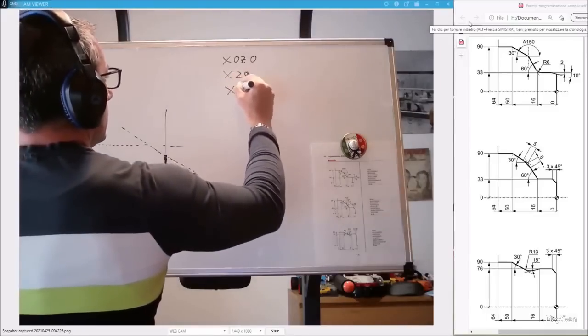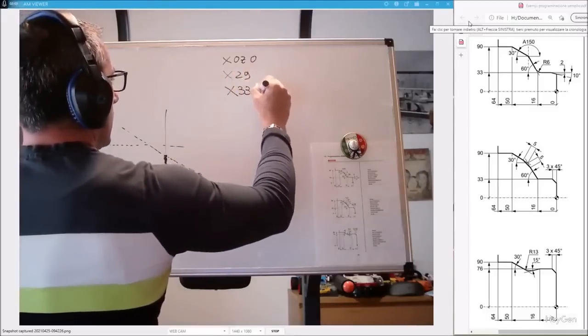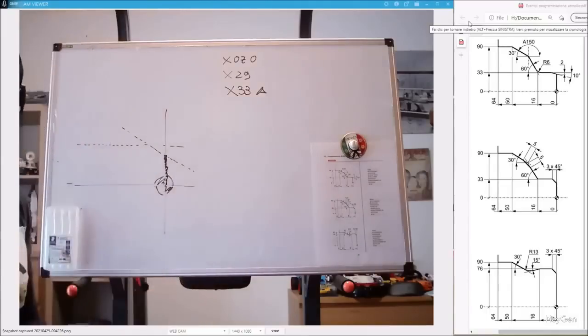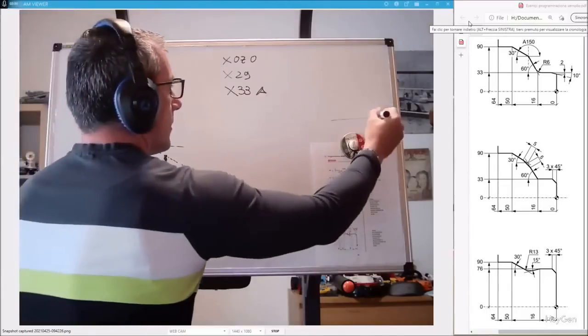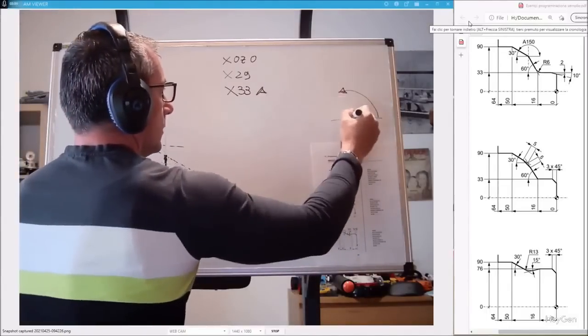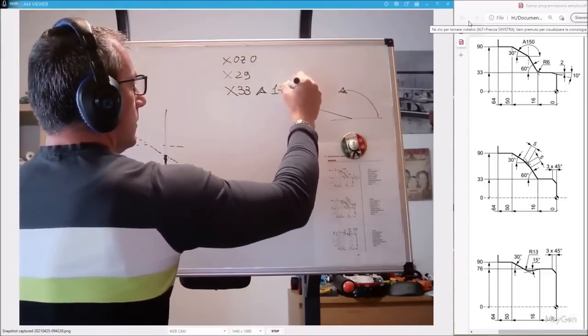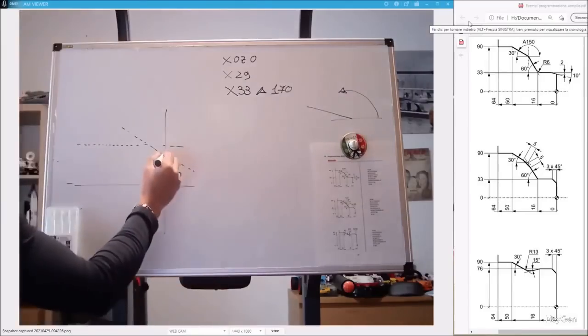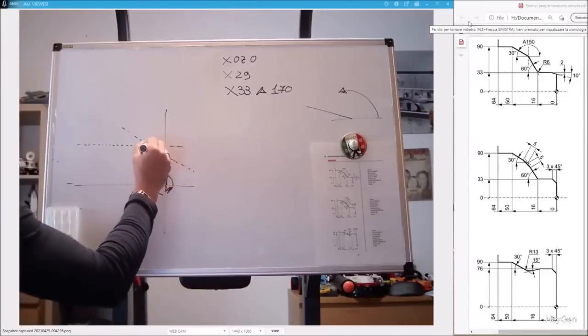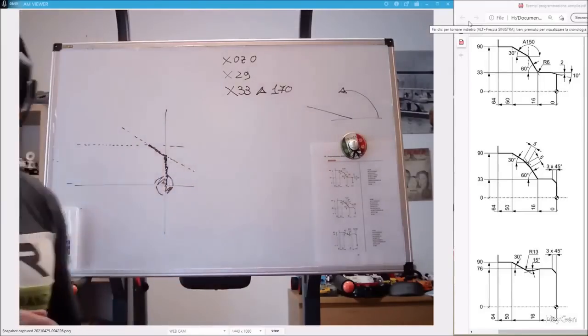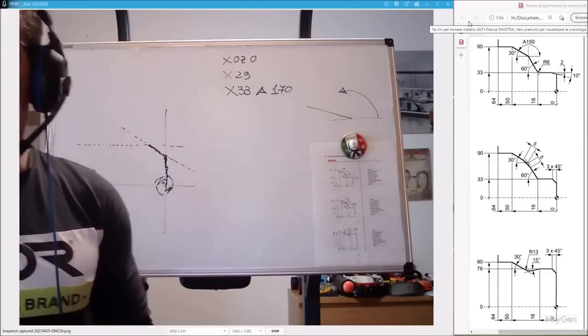Barrier x33, angle 10 degrees? No, because the angles are measured from 0 in this sense. So our 10 degrees become 180 minus 10, angle 170. Therefore, our machine will start moving to x33, inclined at 170 degrees. Perfect, that works for me.